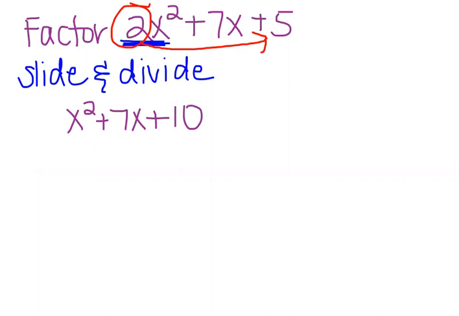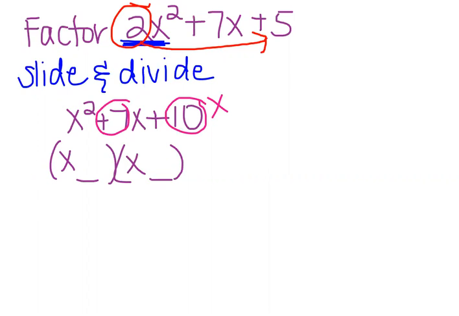All right, now you notice that we have just a regular quadratic expression without a number in front of our x squared. And we know how to factor these. We know that they will factor into two binomials beginning with x. And the way to determine what fills in these numbers, in these binomials, is multiples of 10 that are going to add to a positive 7.